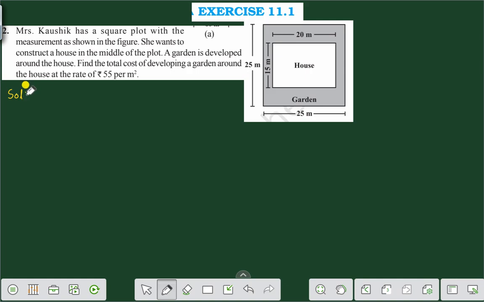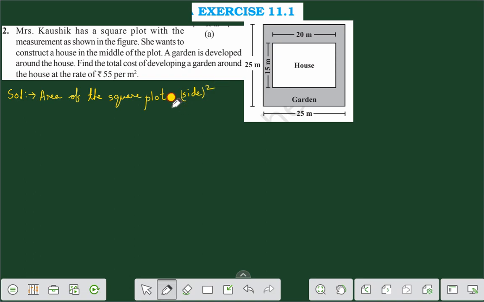First of all, we find the area of the square plot. Area of the square plot is equal to side square.